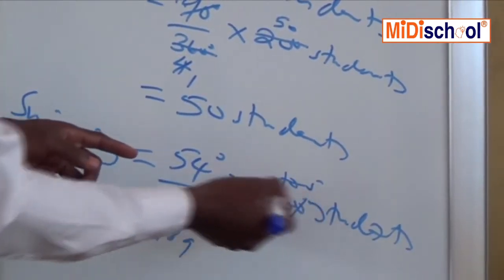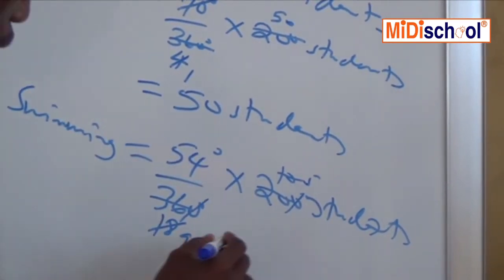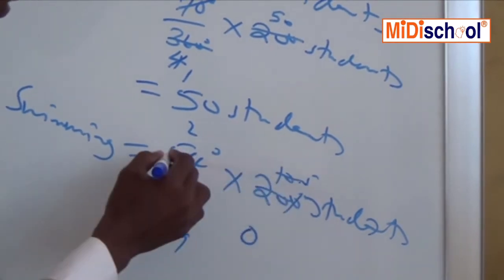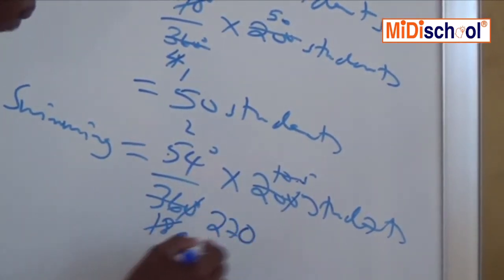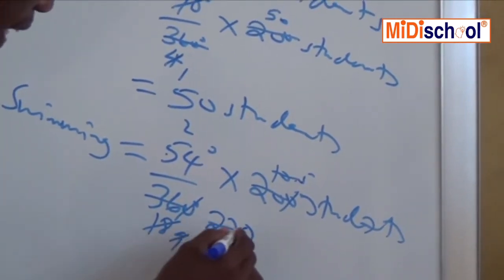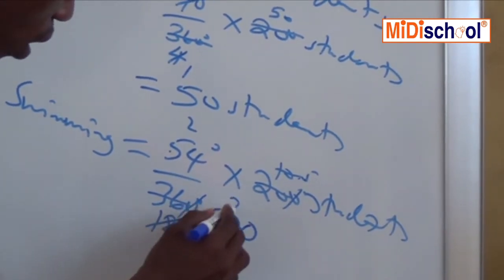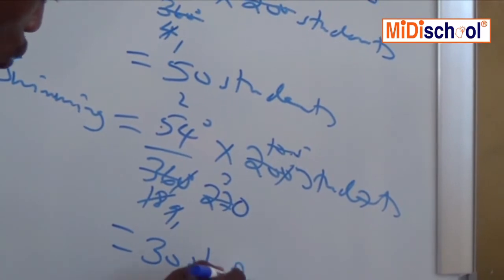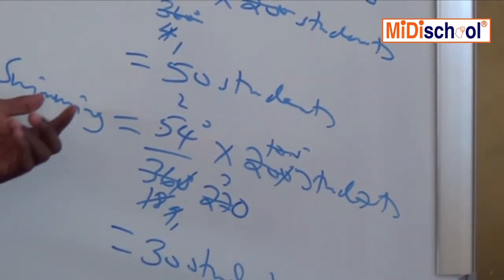Now multiply 5 by 54, and you are going to obtain 20, carry the 2, 25, 27. By 9, 1, and by 9 it is 3. So it is 30 students. Those were for swimming.